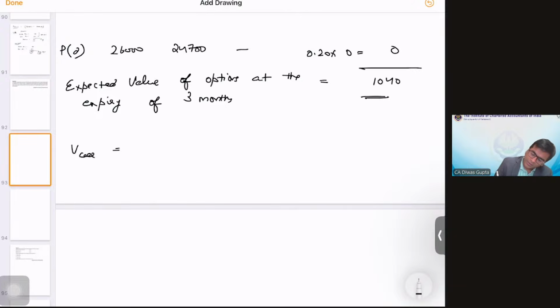Value of call option: 1040 divided by 1 plus 12% into 3 divided by 12, which is for 3 months. 1040 divided by 1.03.